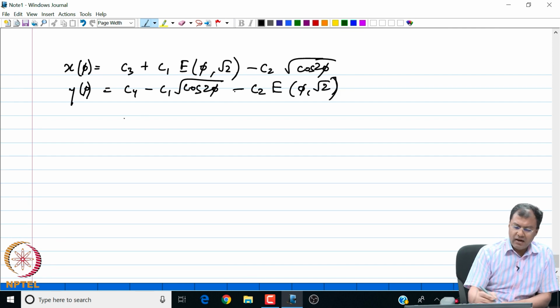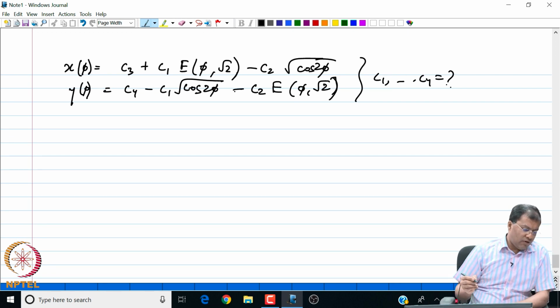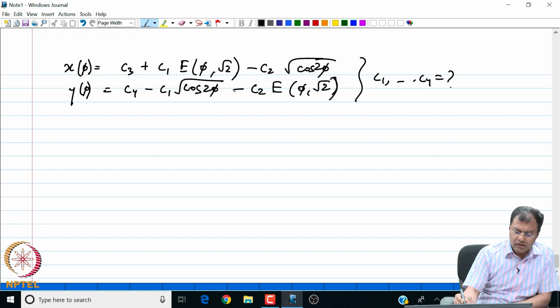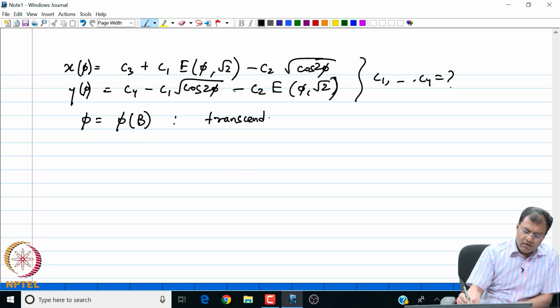Now this final result is in the form of 4 constants C1 to C4, and the way to derive them is as follows. It's not easy to find all these constants because we have done lots of substitutions, but note that my phi, the original phi, was an angle with respect to the intermediate constant b, and this is, again, a transcendental equation in general.